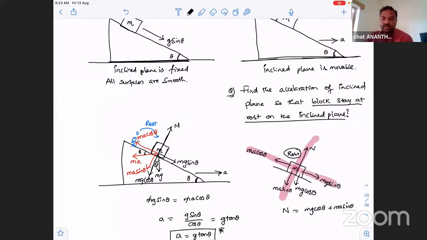All of you understood? The same question you can solve from the ground frame also. But if you are solving from the ground frame, with the observer on the ground, you should not apply the pseudo force, and the block won't be at rest.